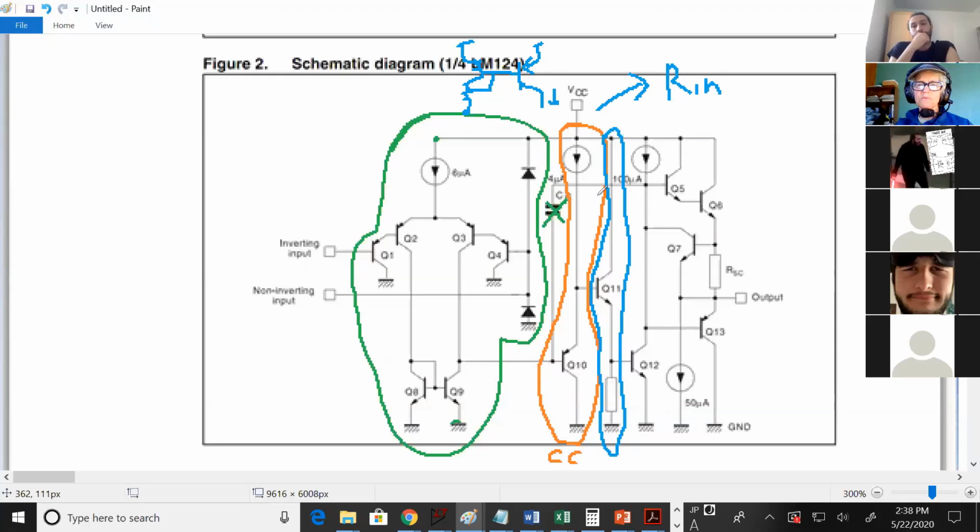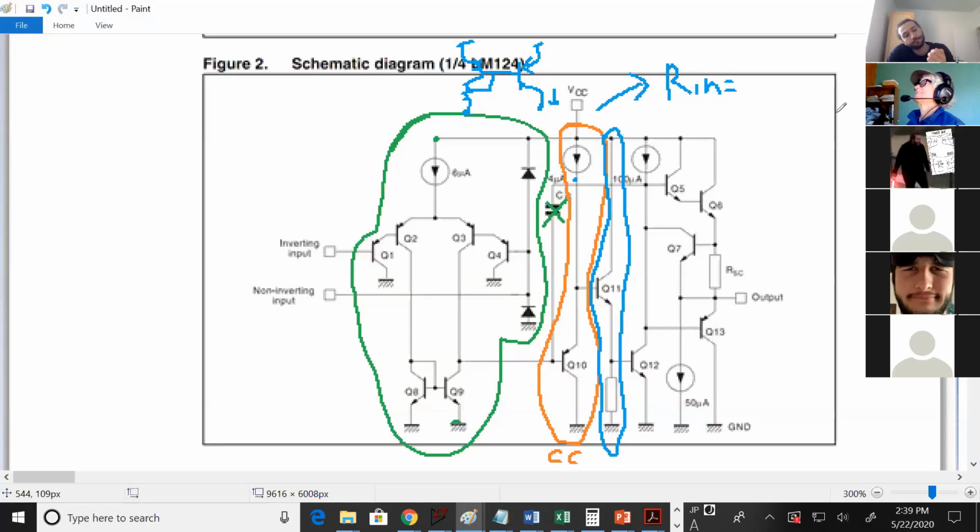So this would be this current source right here. So this node right here is this node right here. So what is the R in of that first common collector, the orange one? Very big. Very big. Okay.